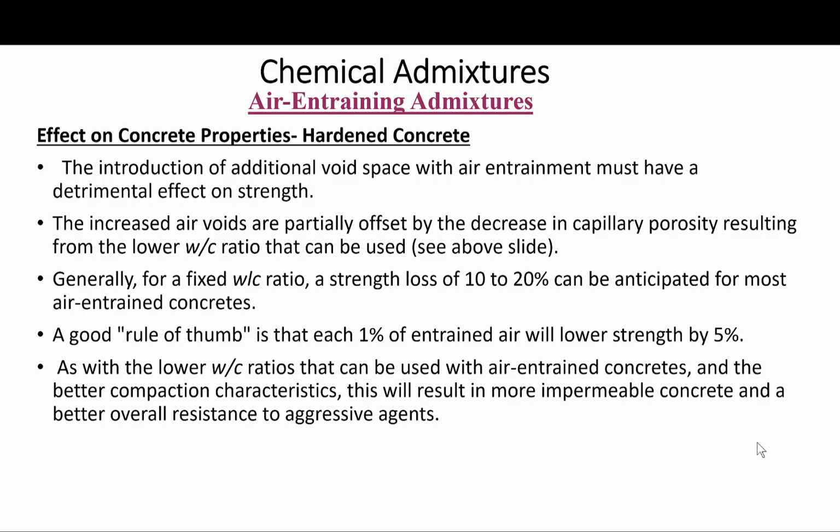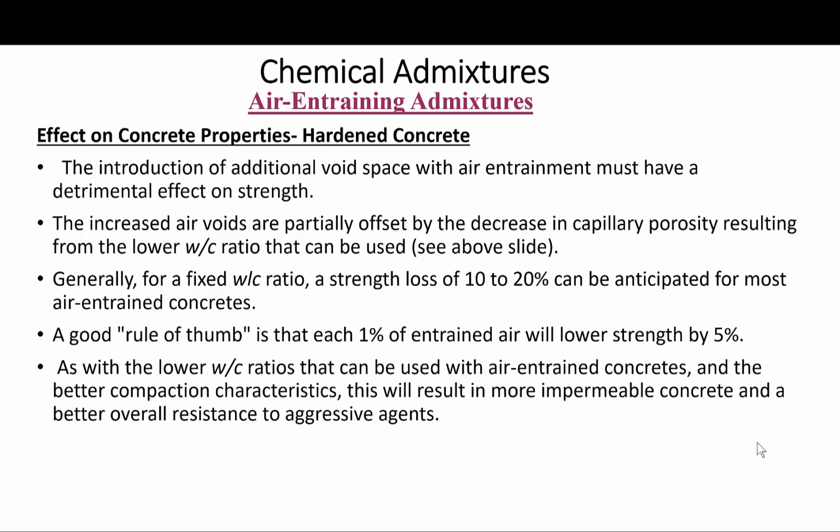So the increased air voids are partially offset by the decrease in capillary porosity from the lower water cement ratio that can be used. If you remember, as we mentioned, we can reduce the water cement ratio because we get more workability by adding the air bubbles.